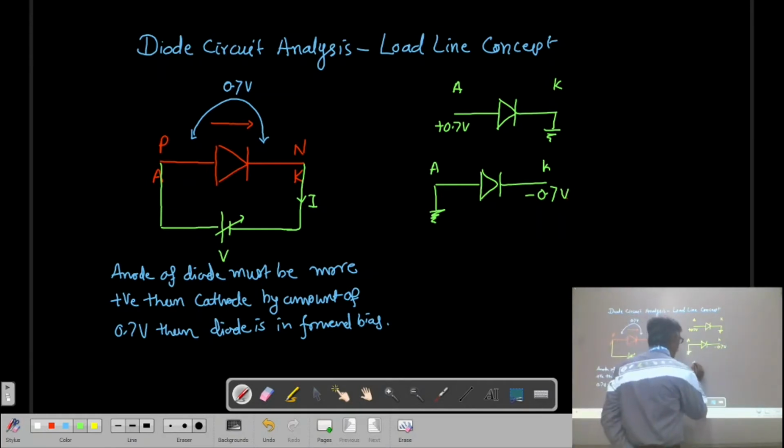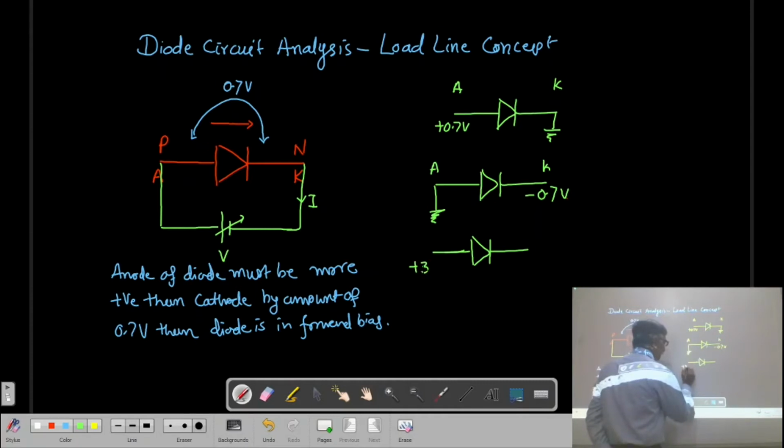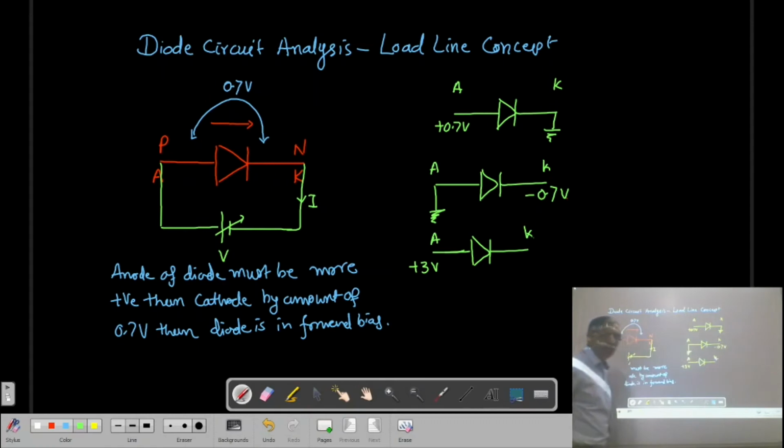Let us see one more example. Here, if I apply plus 3 volt on the anode, then what should be the voltage on the cathode for forward bias? Naturally, the cathode potential must be less than the anode by an amount of 0.7.